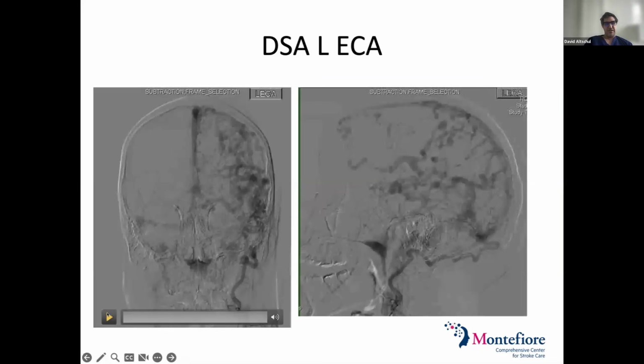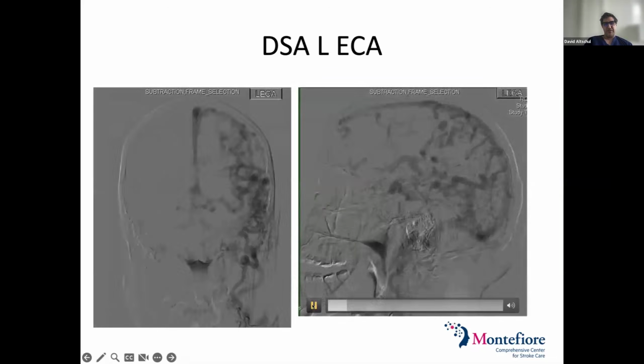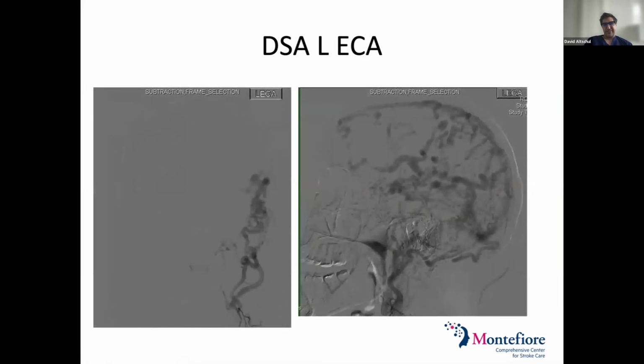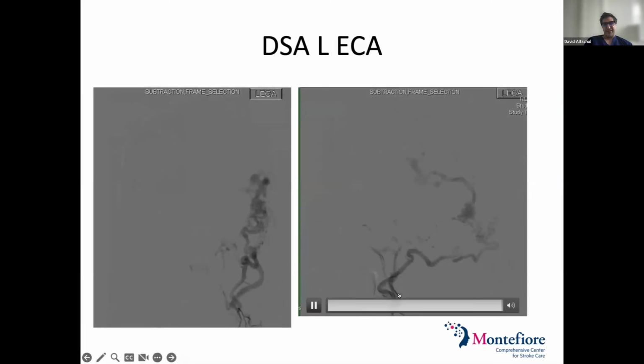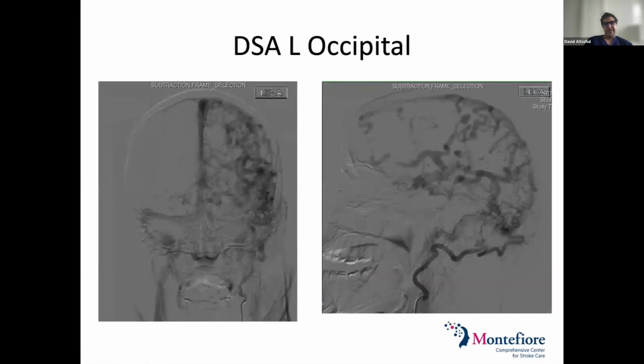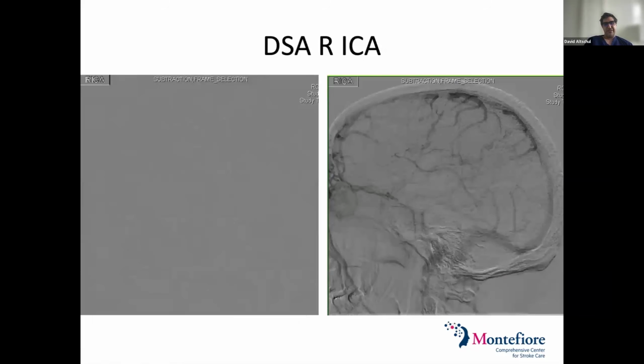This is the ECA, again confirming additional dural supply. I don't know why it's looking all blurry. But, you know, significant occipital and middle meningeal supply durally, as well as no vertebral supply, and then no contralateral supply.